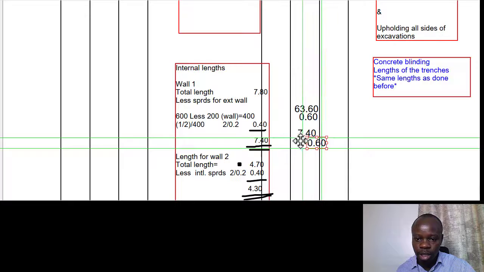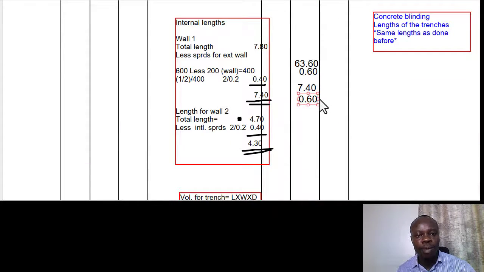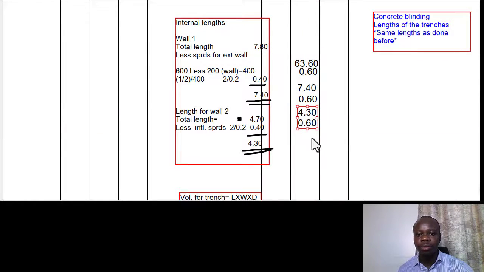That is supposed to be for the width of the blinding, and then we go to the third one, which is 4.30, 4.30 times also 0.60. So once we have these three, those are the lengths that we are supposed to have from the given plan that we had already calculated, the plan that we are using.